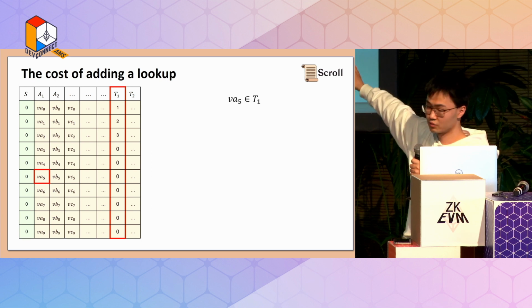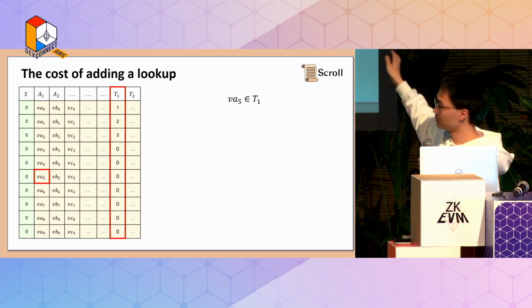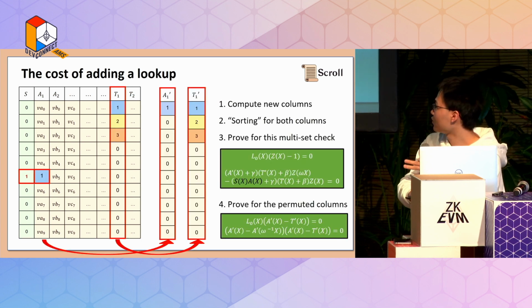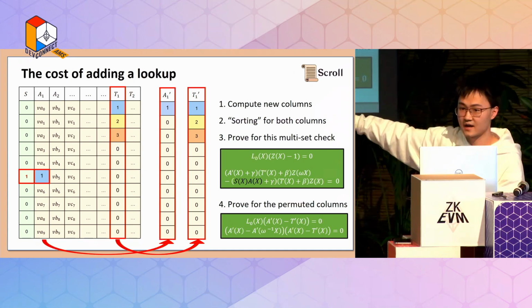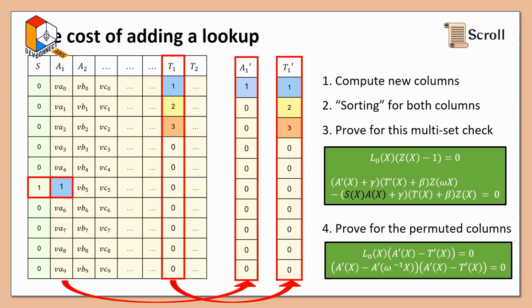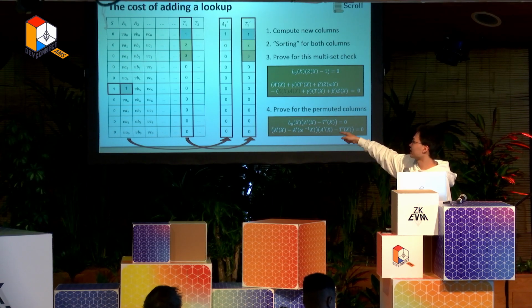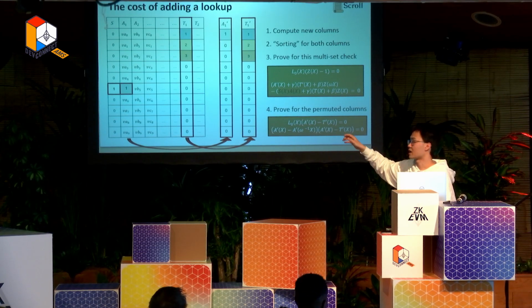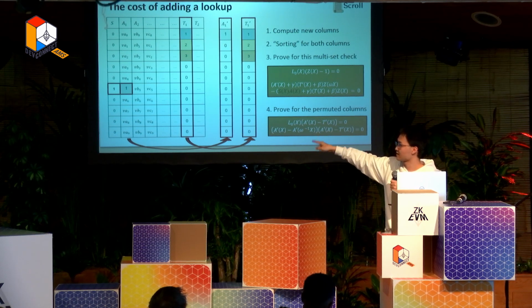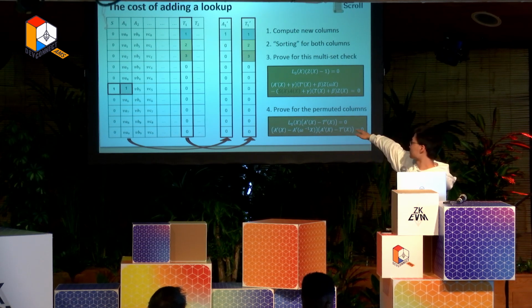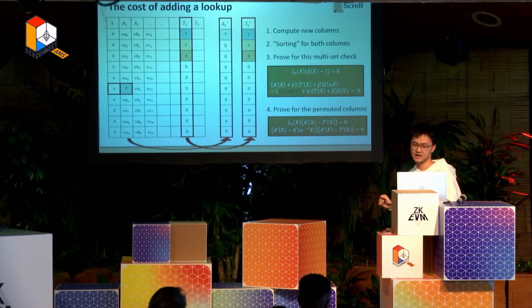So we need to only look up whether A5 belongs to T1. Similarly, you can write some selector there and only open at this entry, and then you generate some new internal columns, and then prove that this and this have this relationship. The only difference is that you generate A' in a different way, because you are actually multiplying the S column with the A column. And so your polynomial becomes Sx times Ax.